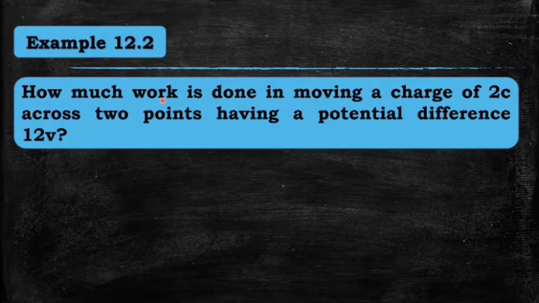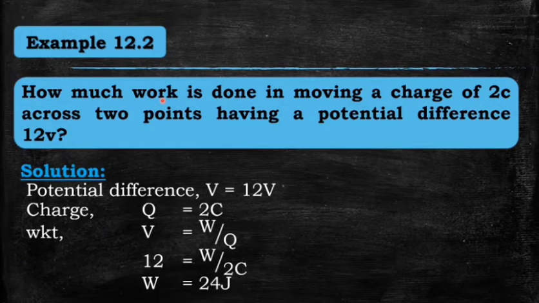We know that volt is equal to work done divided by charge. Charge Q is given as 2 coulomb and potential difference V is given as 12 volt.